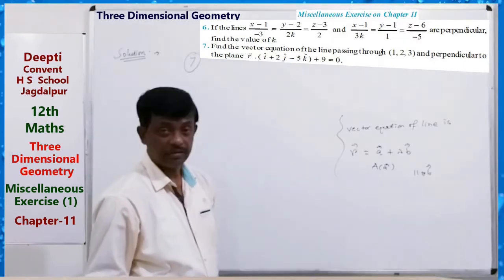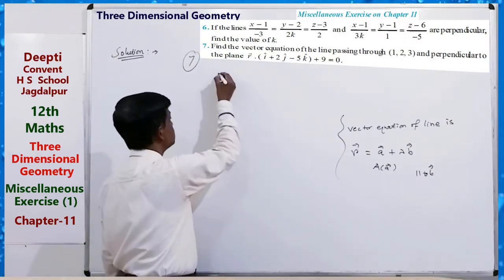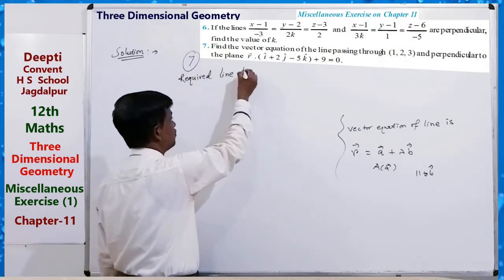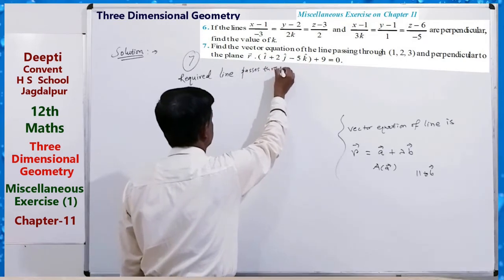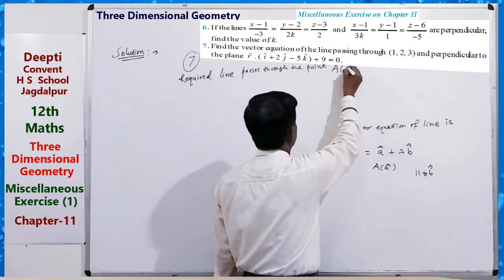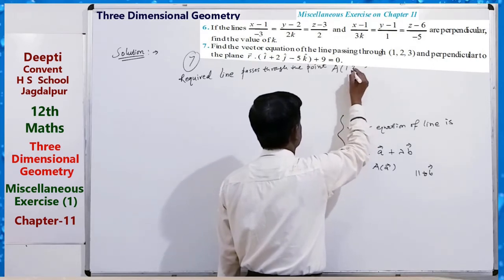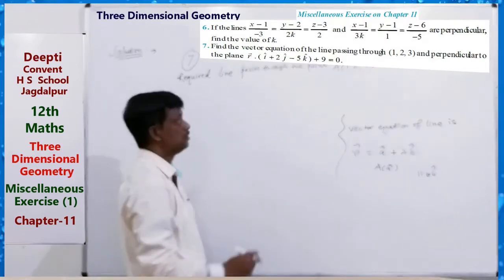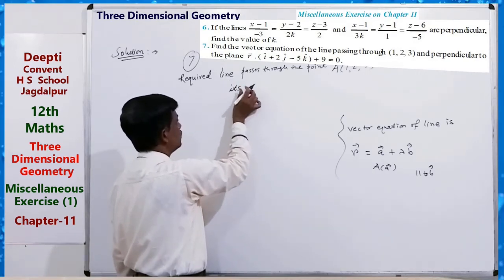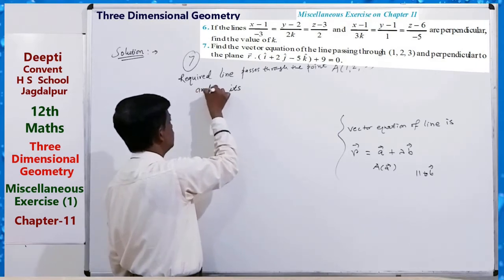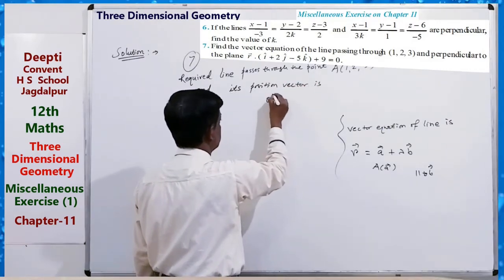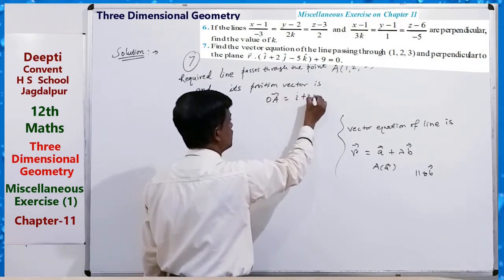So here the given point is 1, 2, 3. The required line passes through the point 1, 2, 3, and its position vector OA is equal to 1 into i plus 2j plus 3k.